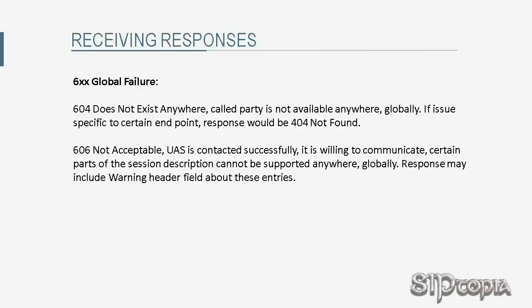In other words, the user agent server was reached, but the request had certain entries in the session description, perhaps in the message body section with session description protocol, that cannot be supported. The response may also include a warning header field with some details about these entries.